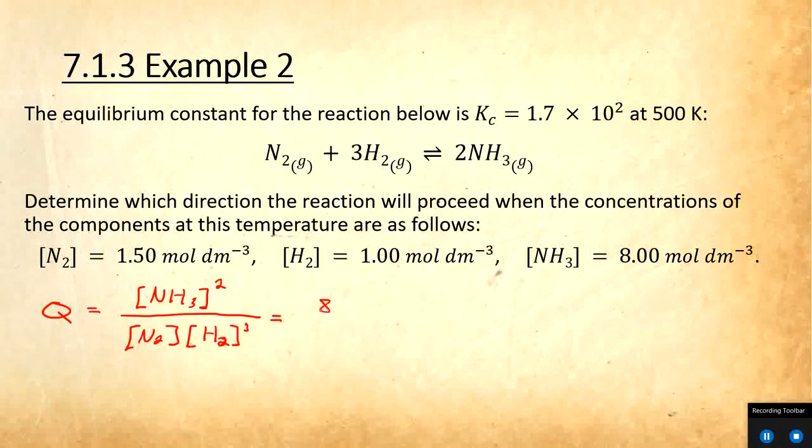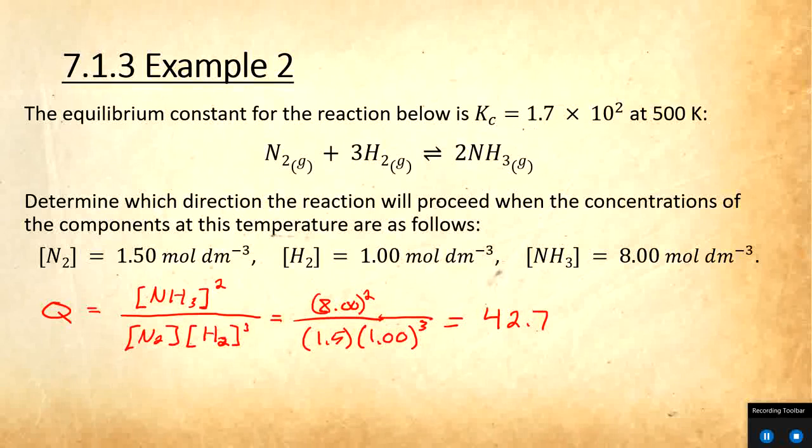So on top is 8 squared over 1.5 times 1 cubed, and that gives us a Q value of 42.7.